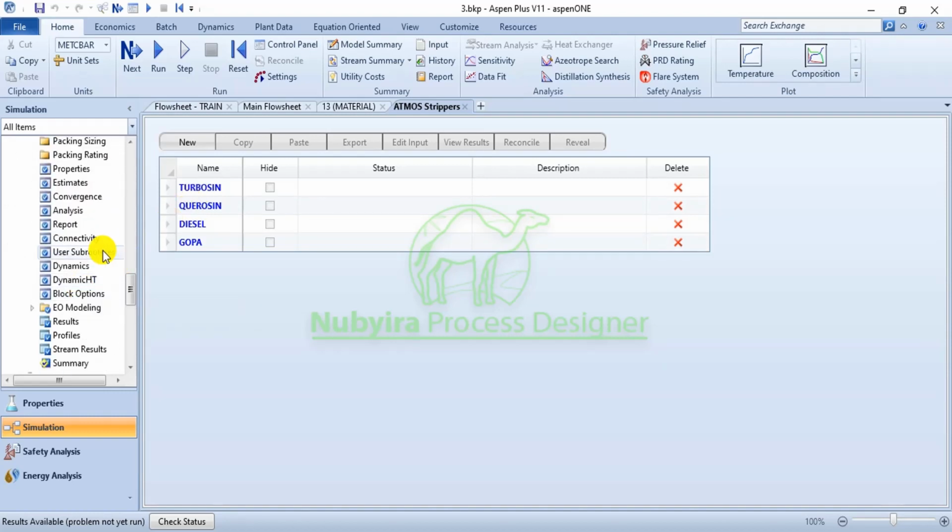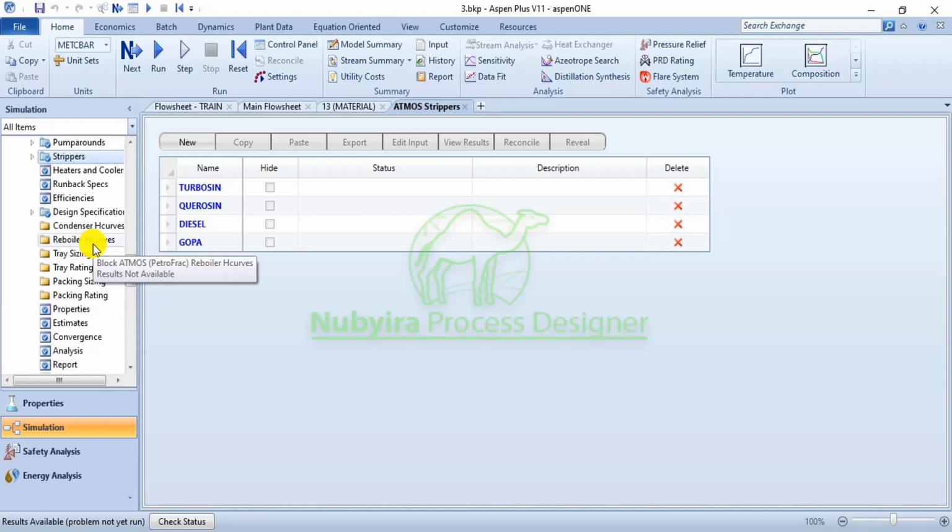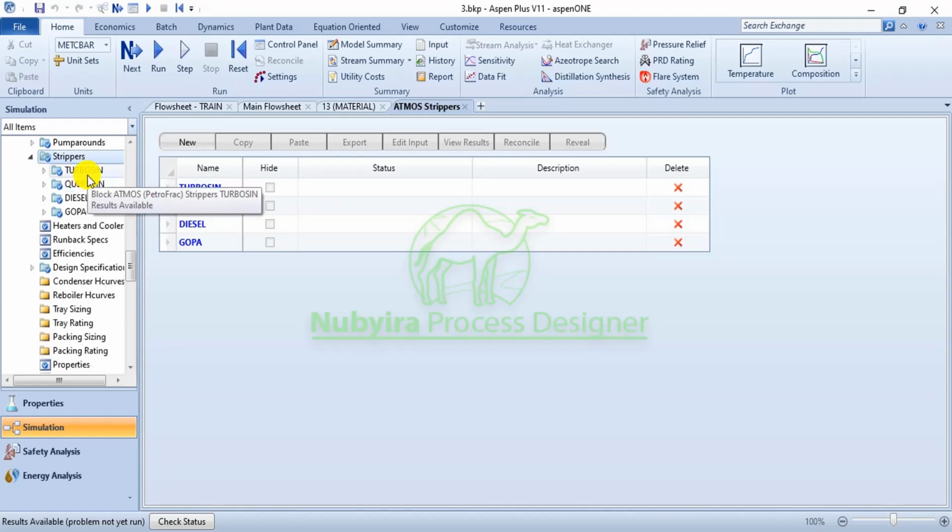Each of the pump arounds has coolers to cool the circulating stream for the column, and in the strippers we have the products. For example, in the atmospheric column we are getting turbocene, which is aviation fuel.